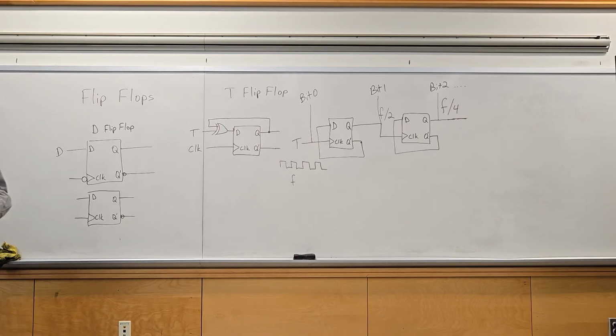When the binary number gets up to 1,000, 1 second has passed. So you can make timers, programmable timers, using this type of circuitry. Quite handy little devices.